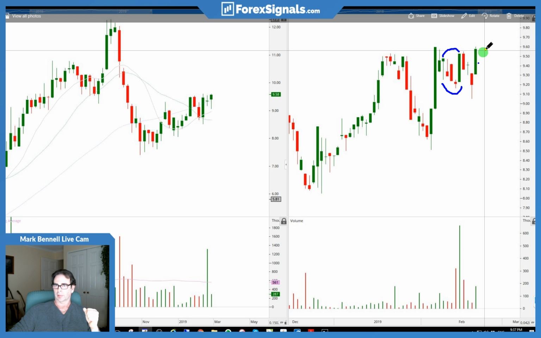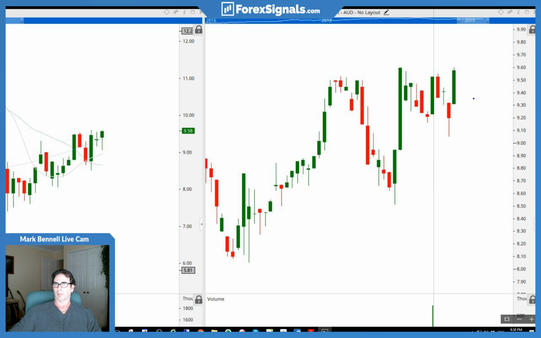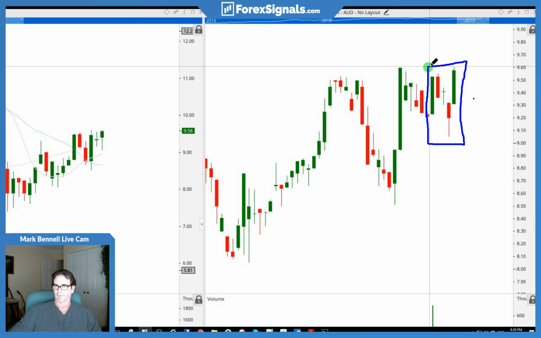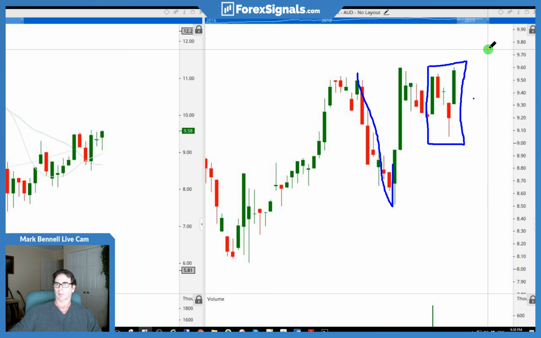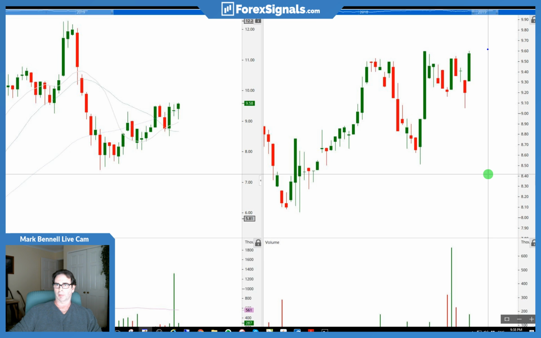Pull back. Right? So what does this look like here? Could this be a variant here? Could that be a variant? Let's have a look at the volume.